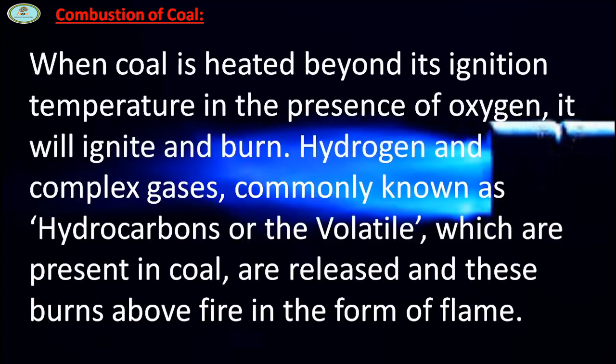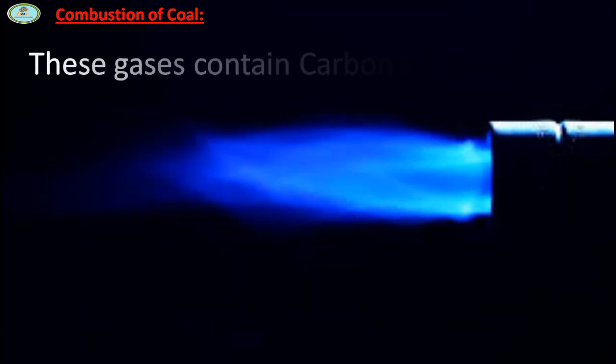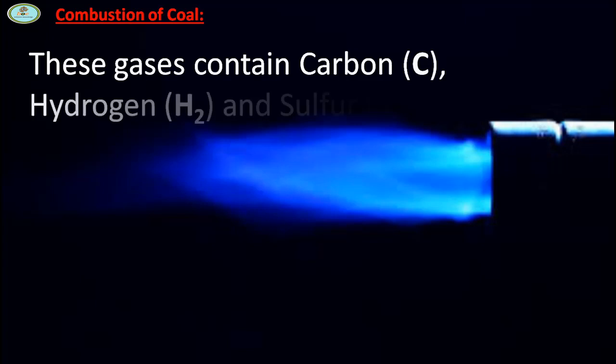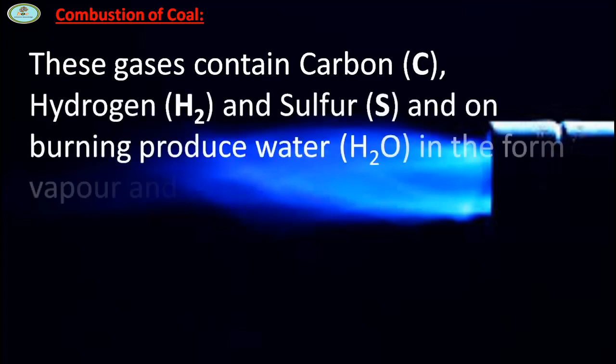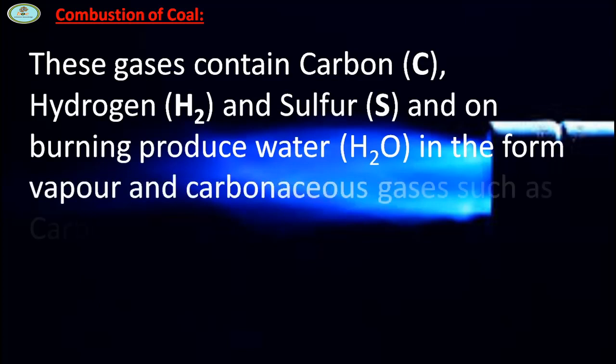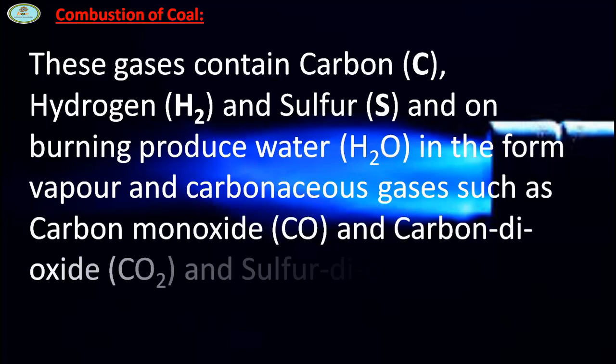Hydrogen and complex gases, commonly known as hydrocarbons or the volatiles, which are present in coal, are released and burn above the fire in the form of flame. These gases contain carbon, hydrogen and sulfur, and on burning produce water in the form of vapor and carbonaceous gases such as carbon monoxide, carbon dioxide and sulfur dioxide.